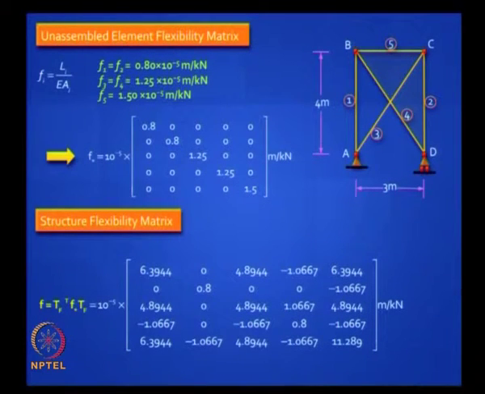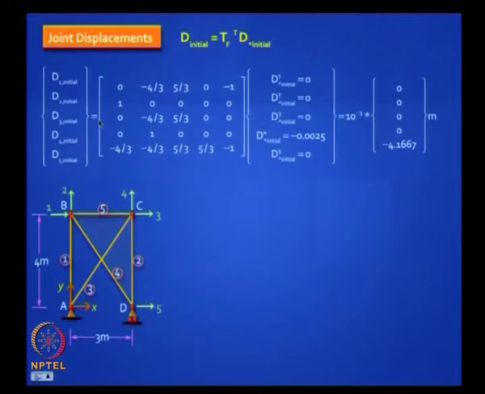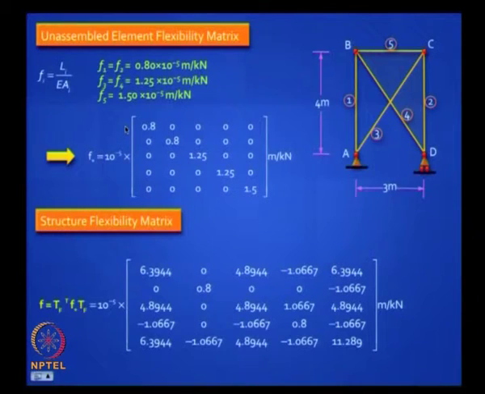Then you have the unassembled element flexibility matrix. You have got the flexibilities, just put them in a diagonal along the principal diagonal. You are familiar with that, right.